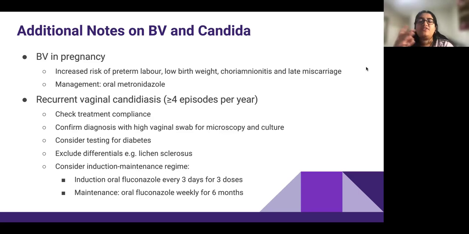And if it is in fact candida, then you may want to give a longer dose of antifungals. Just remember when doing that, antifungals can definitely affect the liver, so LFTs are important before, during, and after when you're taking long-term antifungals.